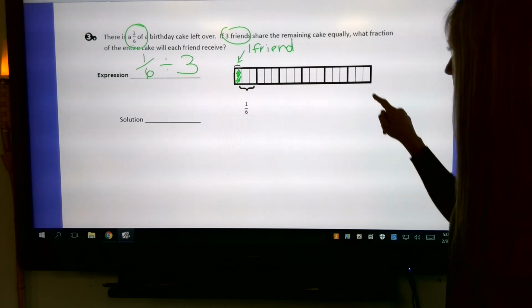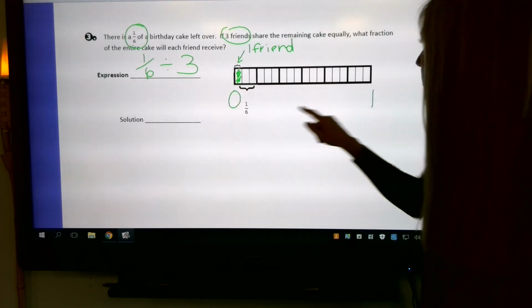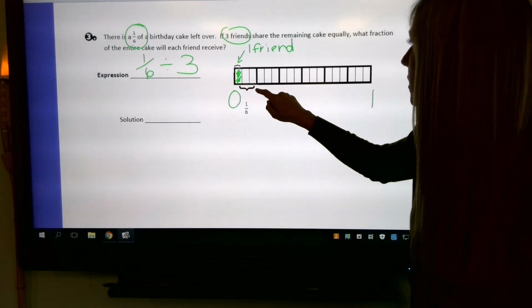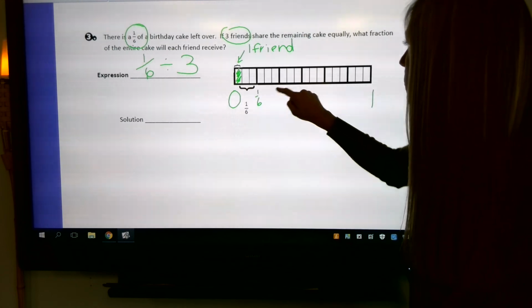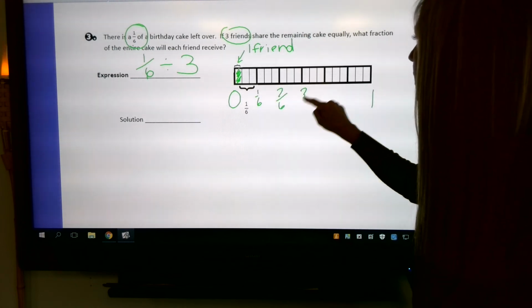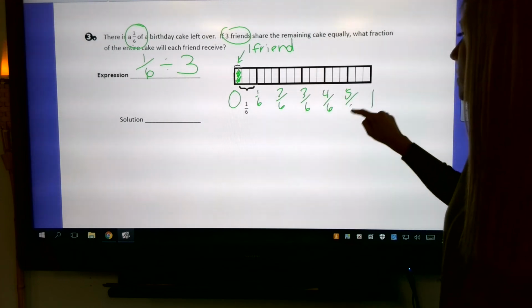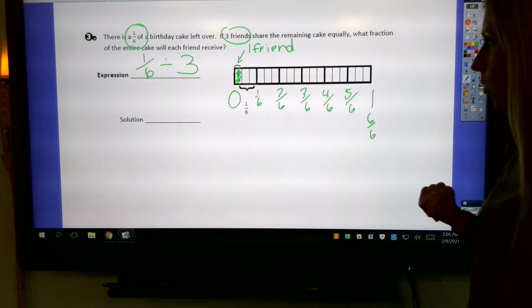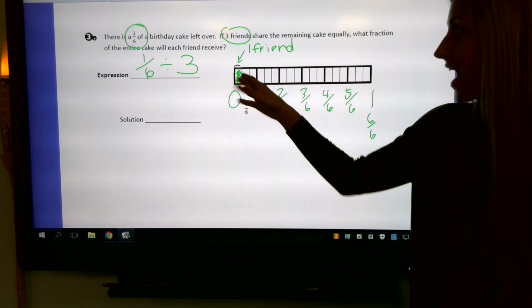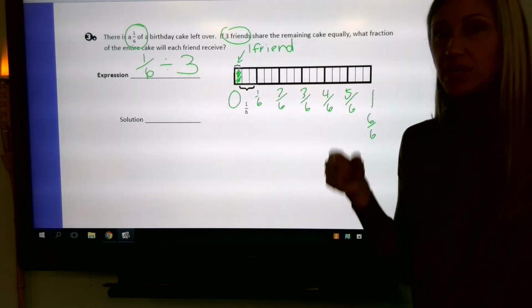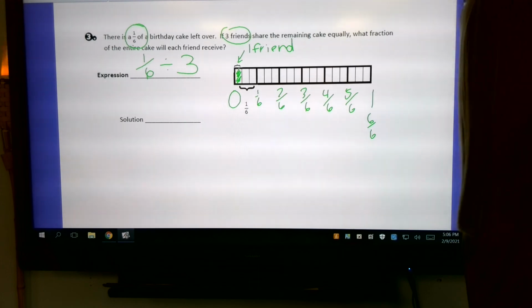So this would be 1/6, 2/6, 3/6, 4/6, 5/6, and then of course it makes a whole. And if we cut that into 3, how much is each person getting? All right, I see it.